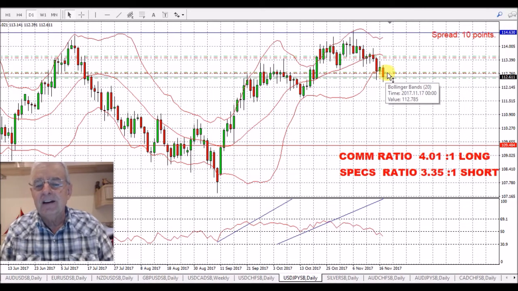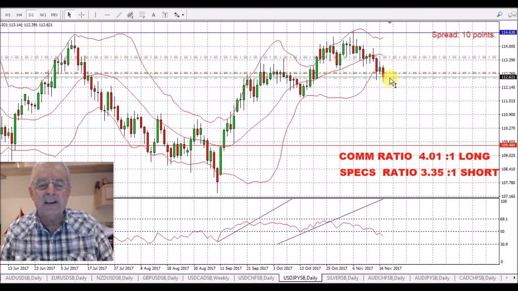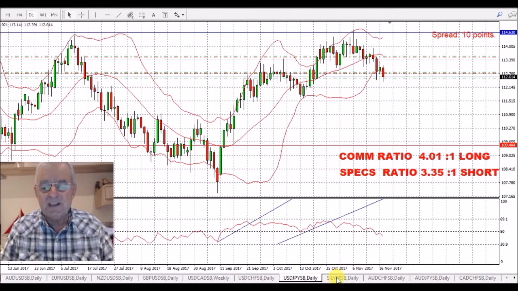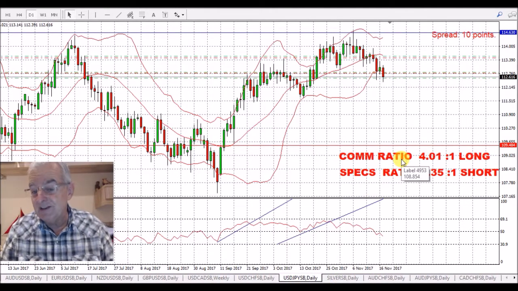Another trade, I've put a stop on it, and this morning I've put another trade in. It's come down onto a little bit of support at the moment. Might bounce back up. We'll see. But we're below the 50 on the RSI at about 43. So we'll see where that goes to. The commercials long ratio is 4.1 to 1.